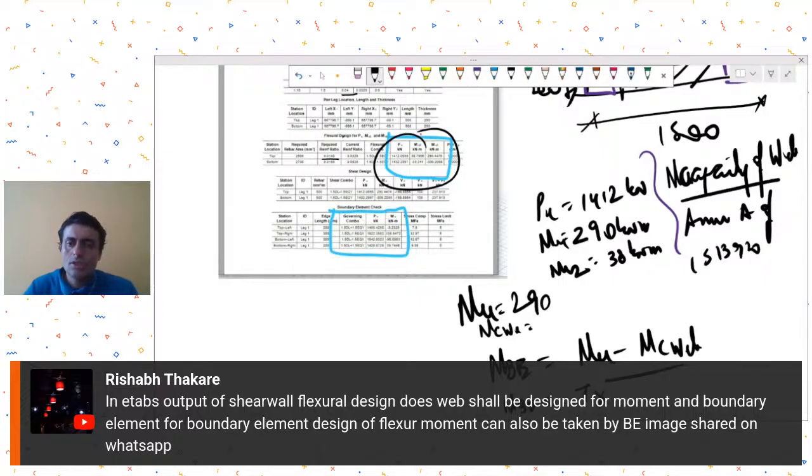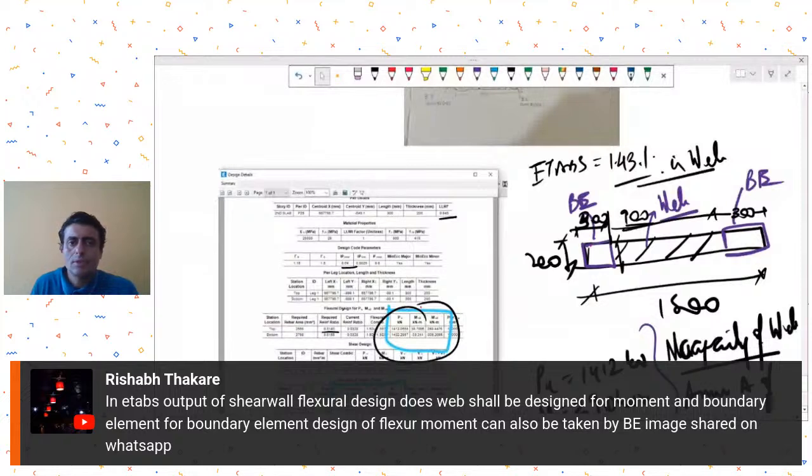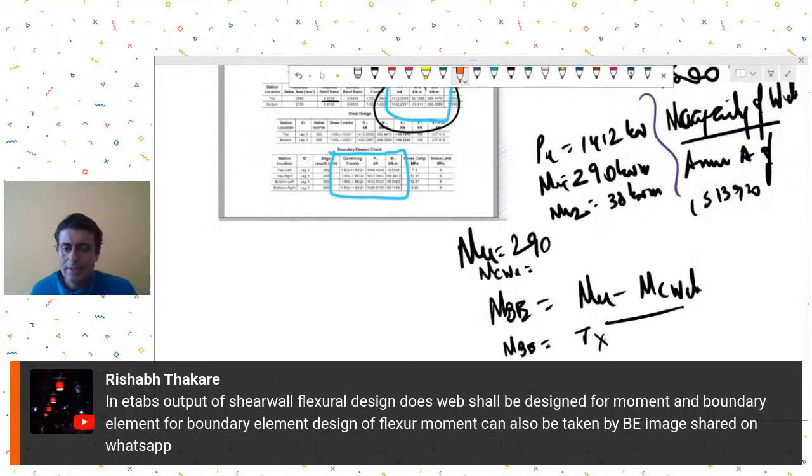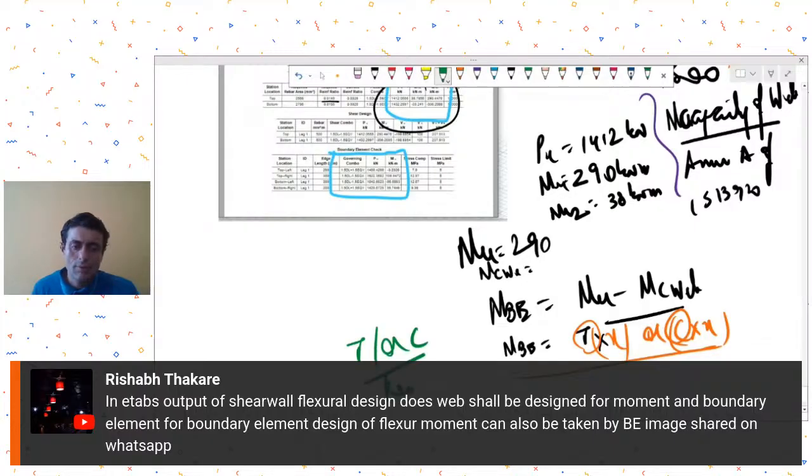So T into this distance, center to center distance, or C into X, will be the moment resisted by the boundary element. From here you find out the T or C. From this T or C, you find out the reinforcement to be provided in the boundary element.